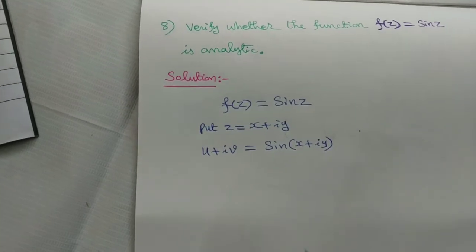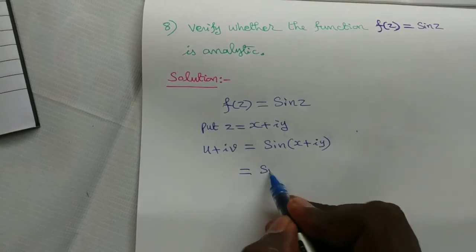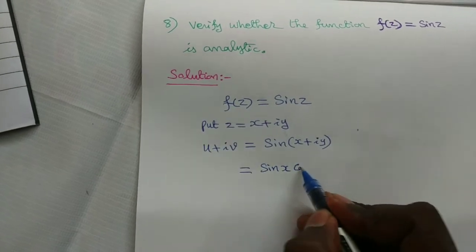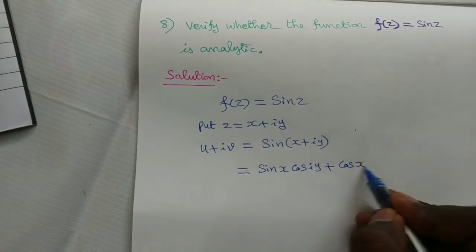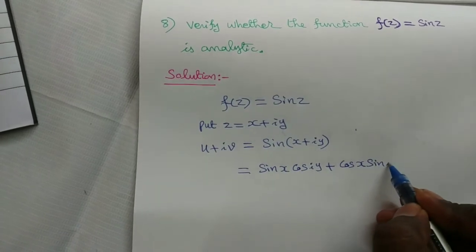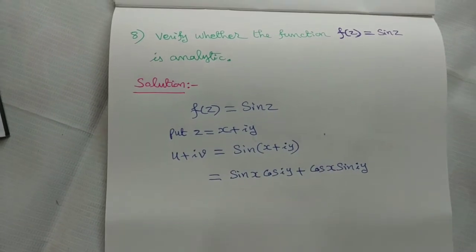But we know the formula for sin of a plus b. The formula for sin of a plus b is sin a cos b plus cos a sin b. Here a is x, b is iy.